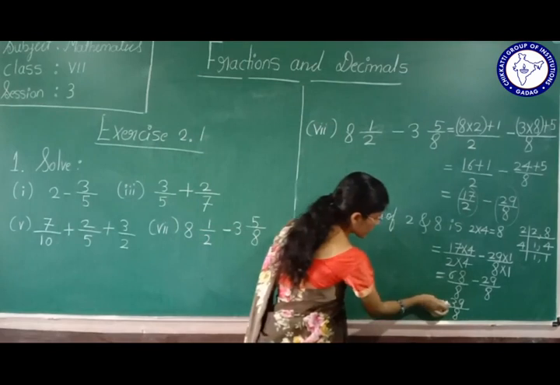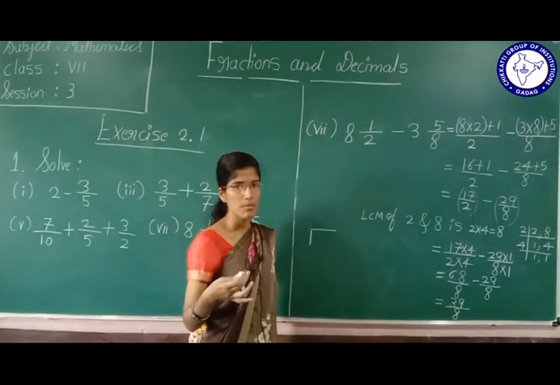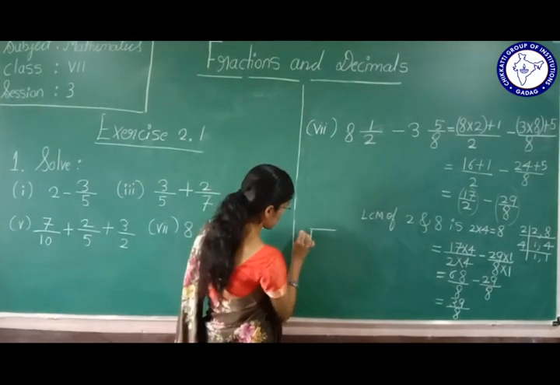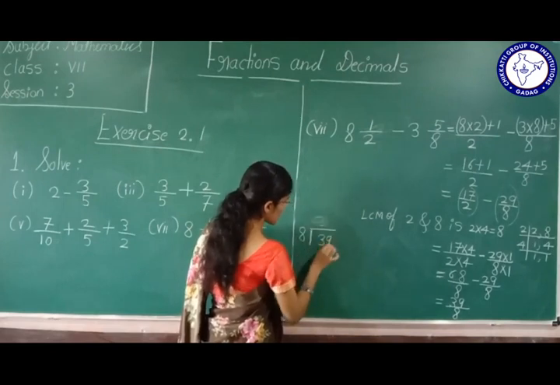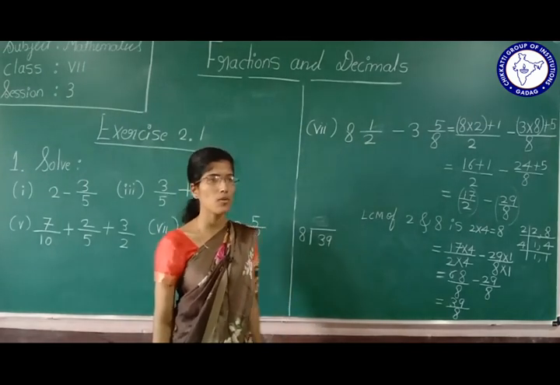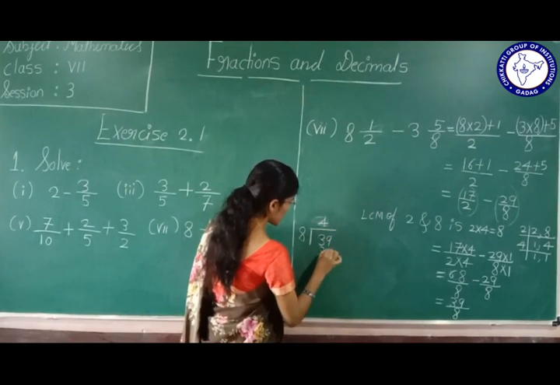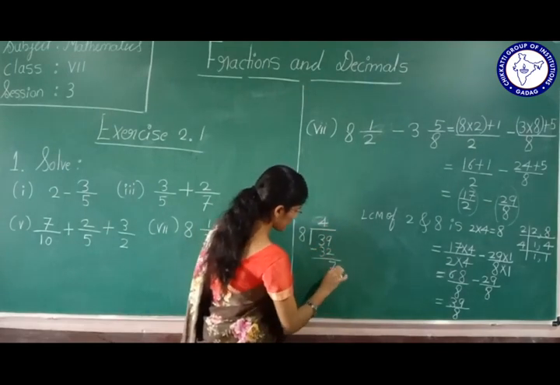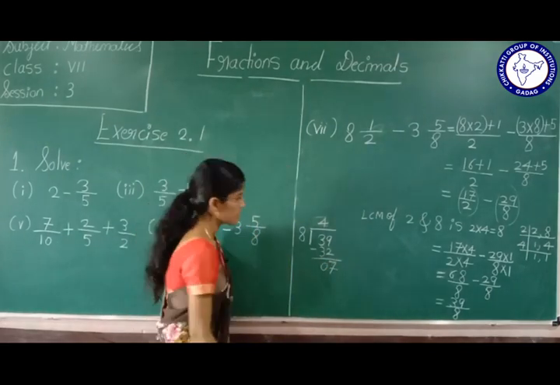How to convert an improper fraction into a mixed fraction? The first step is to divide the numerator by the denominator. Now 8 4s are 32. 9 minus 2 is 7, 3 minus 3 is 0. So what is the rule?